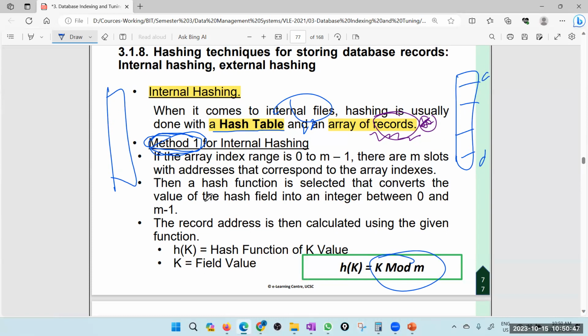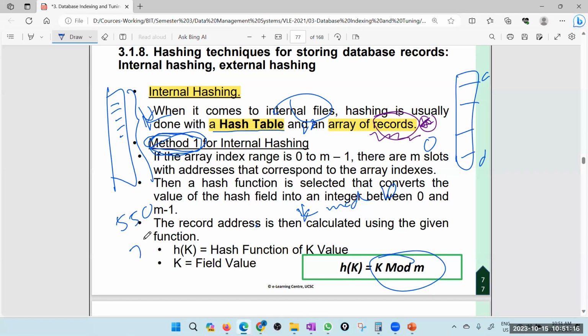So the easiest one is, if the value is k, we can say k mod 10. When you divide a number by 10, the remainder is always between 0 and 9. So if you say 550, mod 10 will give you 0.